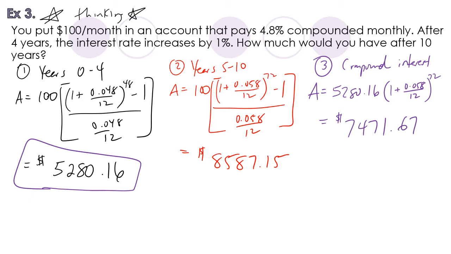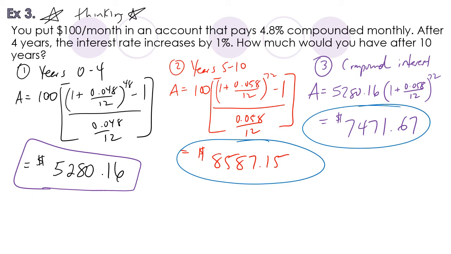If I want to know the total value, I have this amount plus this amount. So my total value equals, adding those two numbers together, $16,058.82.